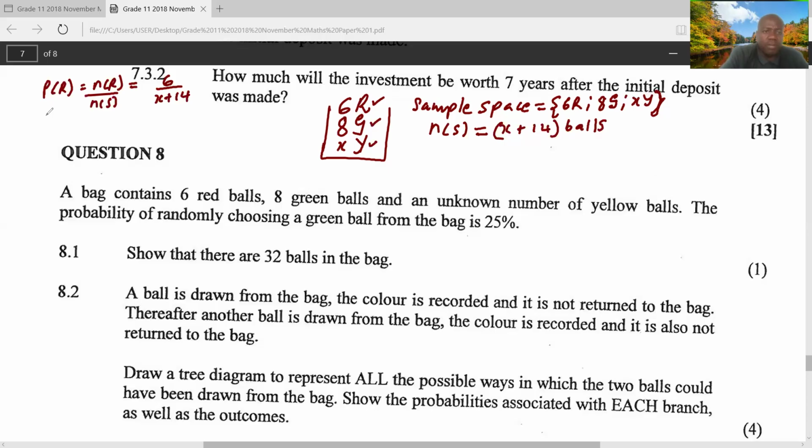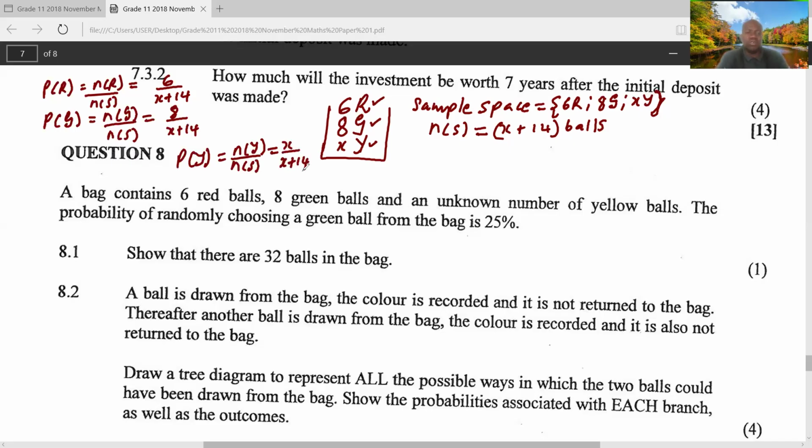And the probability of getting green is the number of greens in the sample space divided by the sample size. We have 8 green divided by the total, which is X plus 14. The probability of getting yellow is the number of yellow in the bag divided by the sample size, and this will give us X over X plus 14.